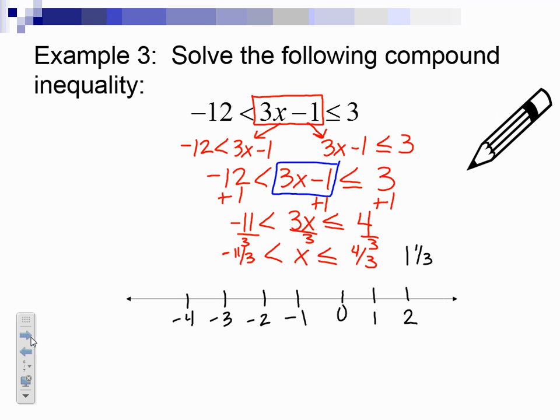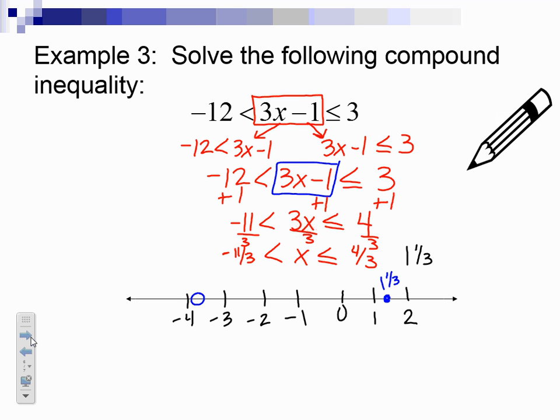And now I'm going to place these numbers on that number line. 1 1/3 would be a little bit past 1, and I want to put a closed dot on that guy, and I'm going to label it as 1 1/3 or 4/3. And I'm also going to place a dot on my negative 11/3, which is just a little bit before negative 4 here, or between negative 3 and negative 4. So for this guy, we're going to place an open dot there.